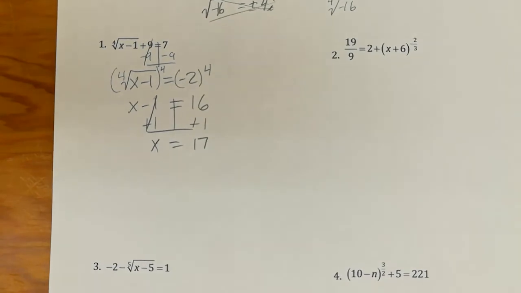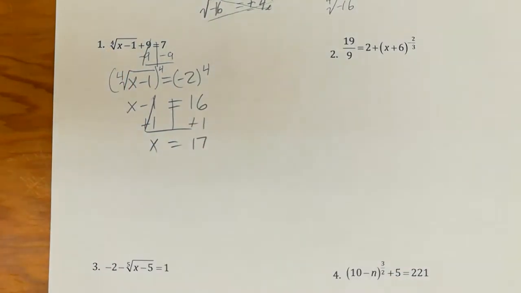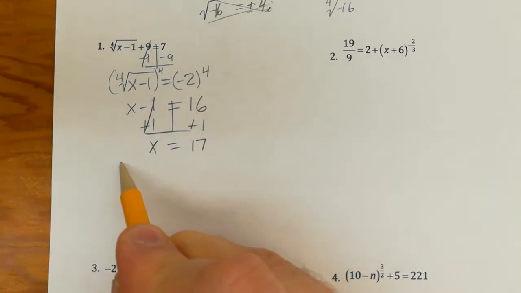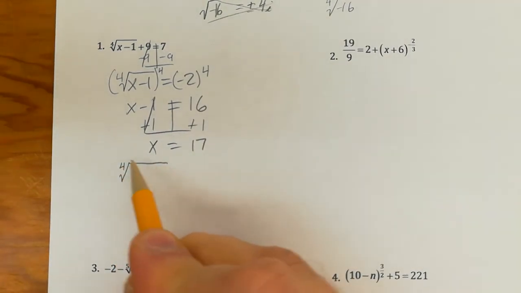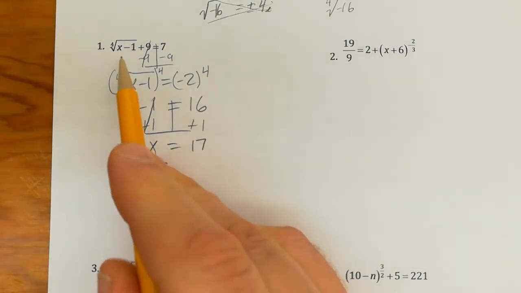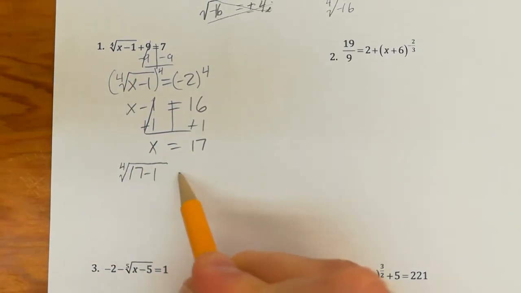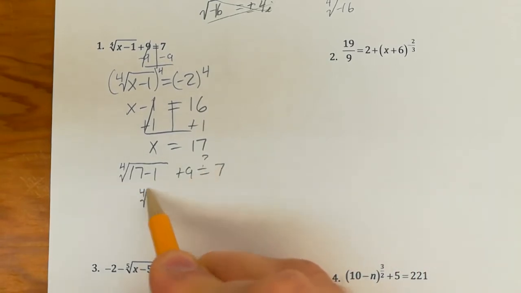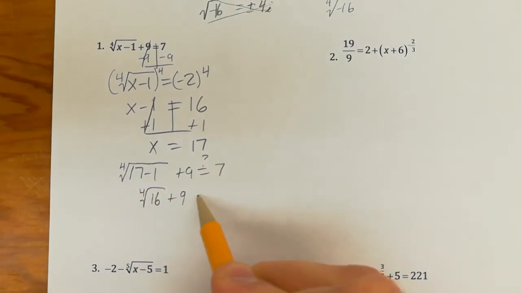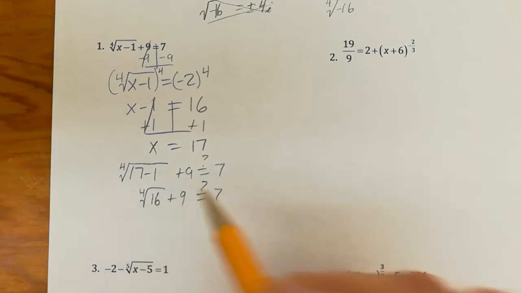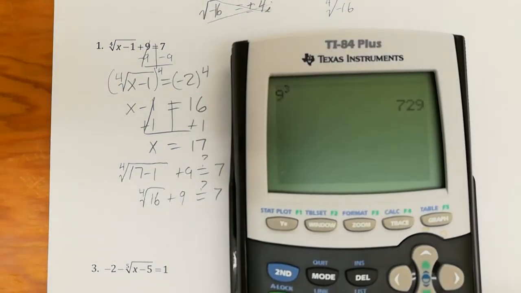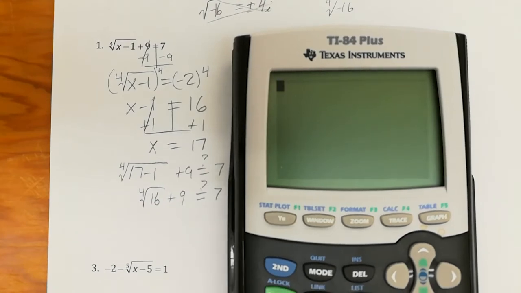Now we need to make sure that works. This is an even index on our radical, so we have to make sure that our answer is not extraneous, so we're going to check that. We're going to put 17 in for x. 17 minus 1 plus 9, does that equal 7? This comes out to 16. And then the fourth root of 16, we're just going to consider the positive fourth root here.